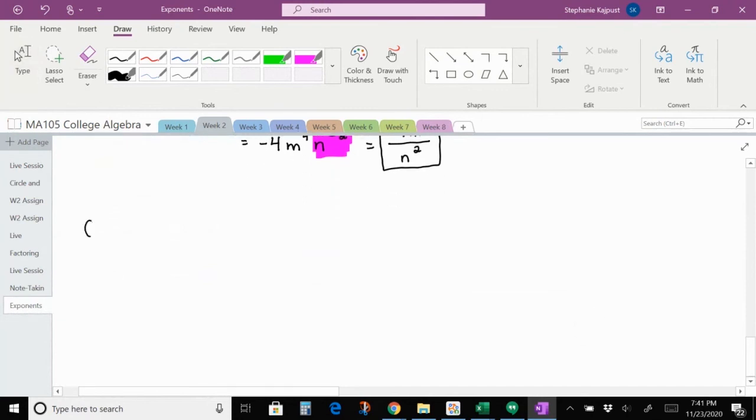I'm going to mix these up and do a multiplication and an exponent thing. P to the negative 2 q cubed times 2p q to the 4th.